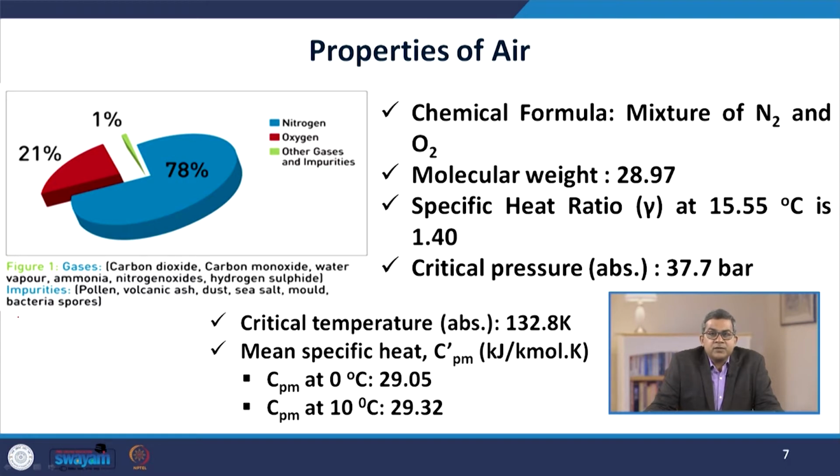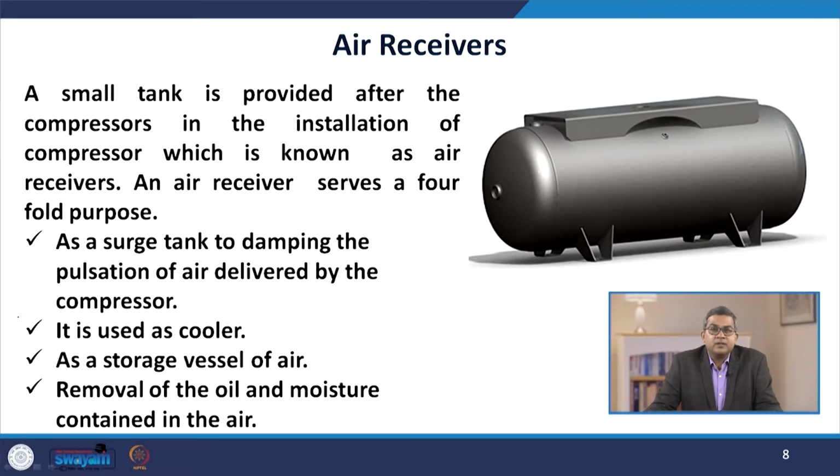The specific heat at 0 degrees Celsius is 29.05, and at 10 degrees Celsius it is 29.32. And of course, we are utilizing its composition: 21% oxygen, 78% nitrogen, and 1% other gases and impurities.